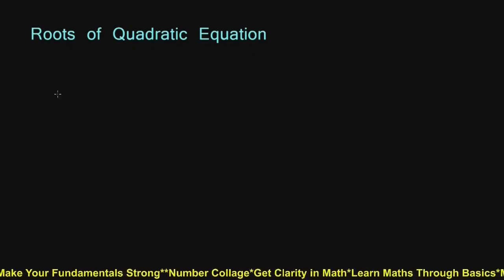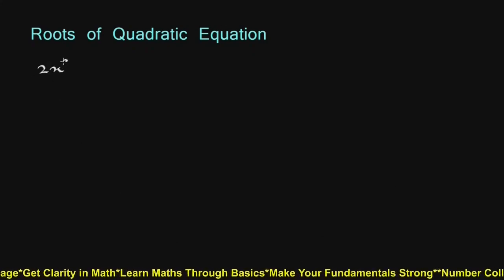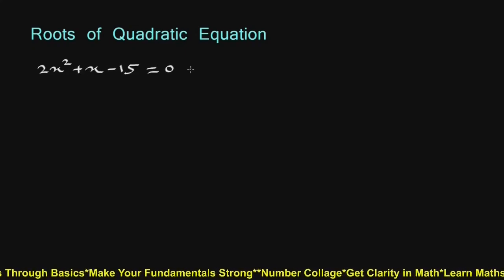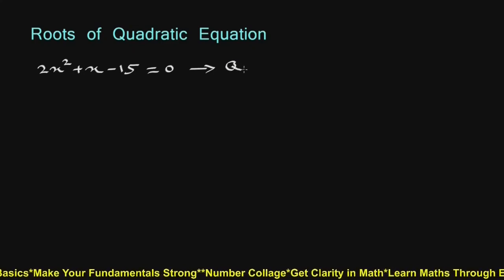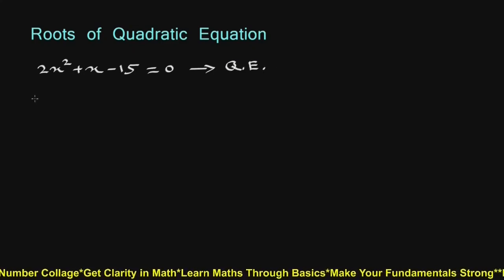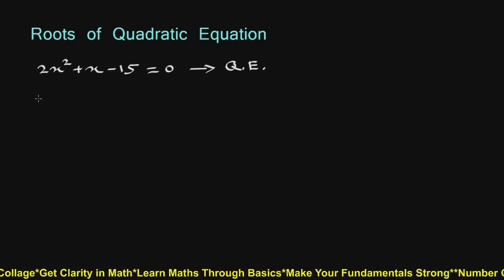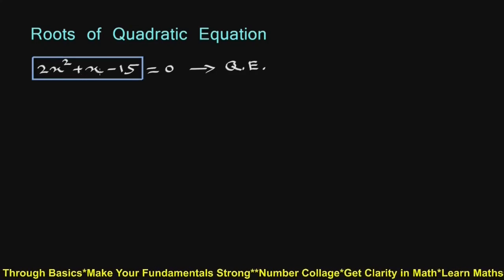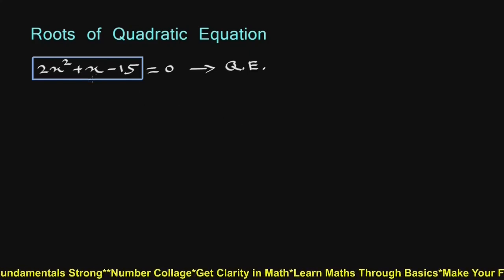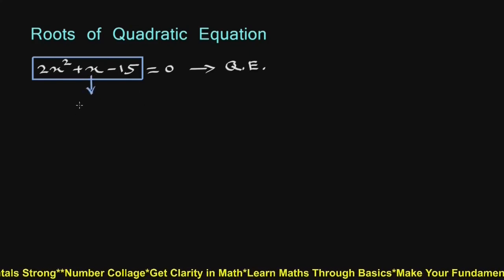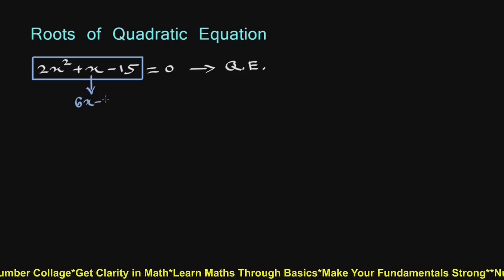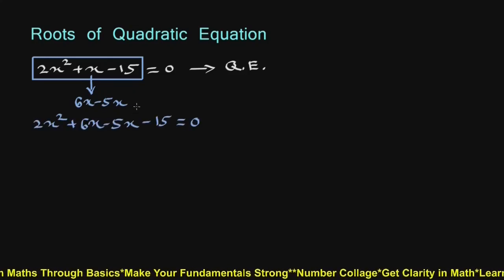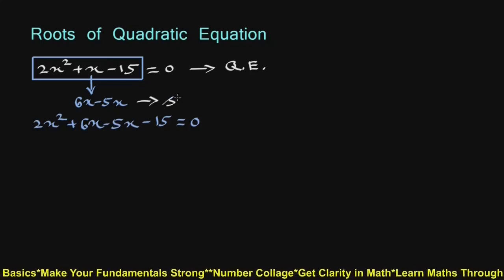If we equate the quadratic function 2x² + x − 15 to 0, we get a quadratic equation (QE). We can solve this quadratic equation by factorizing the quadratic polynomial 2x² + x − 15. We write the middle term x as 6x − 5x and write four terms. This is what we call splitting the middle term.